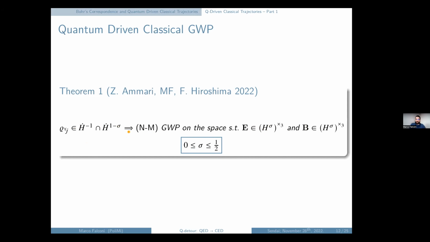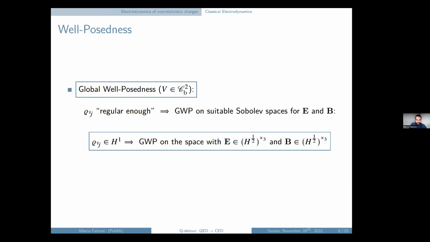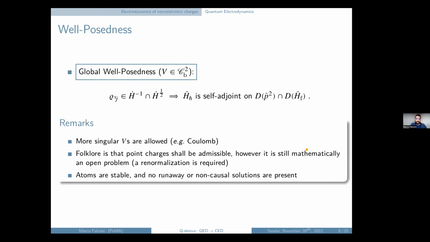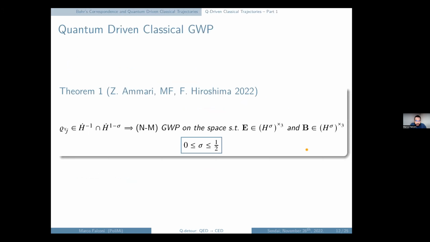That was the condition at the classical level. So at the classical level, we had H¹ implies well-posedness in H^{1/2}. Here with σ equal to 0, we have a subset of H¹ implies well-posedness with E and B in L². So a bit less regularity for E and B.